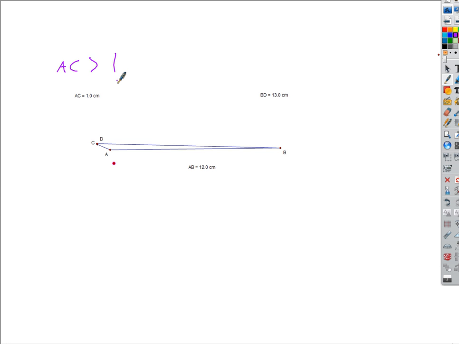Has to be greater than 1, doesn't it? Does that make sense? That would have to be the case because now the longest side is 13, and so the two shorter sides would have to add up to a number that's greater than 13, right? Everybody see that?